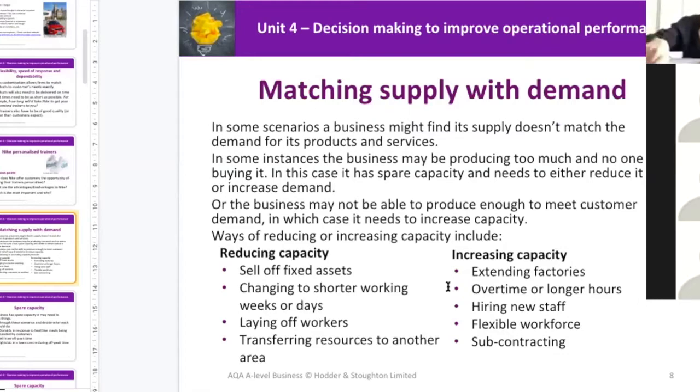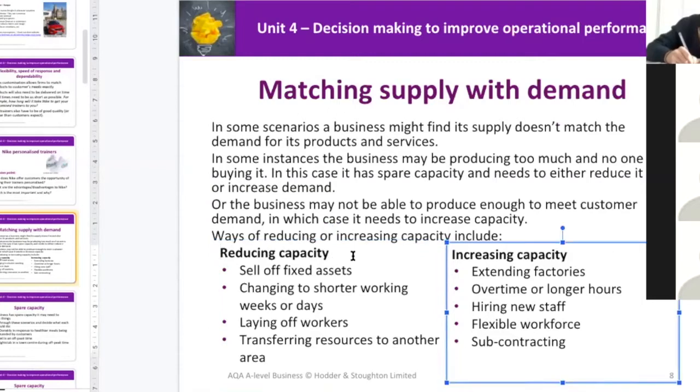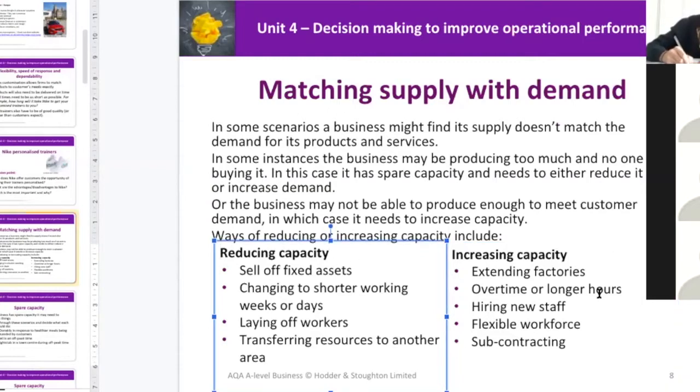Okay, so most of the companies, if you look at the bottom part here, those are the two important sections. Most companies, when they respond to the demand in order to adjust their supply, have two ways. First way, they can reduce their capacity. What if for Nike sneakers next year, we don't have a big demand?